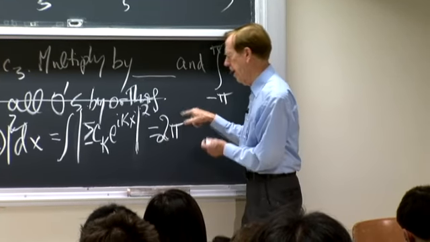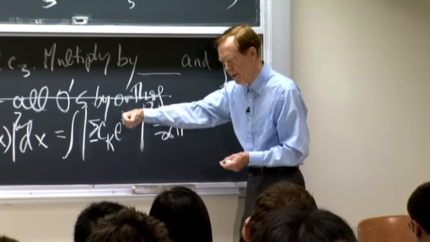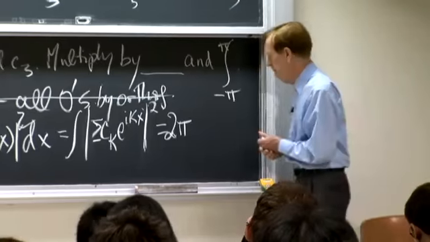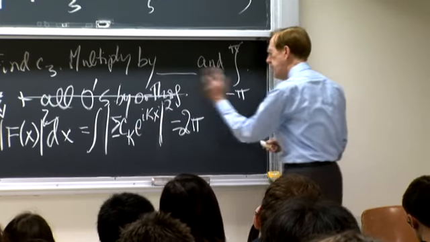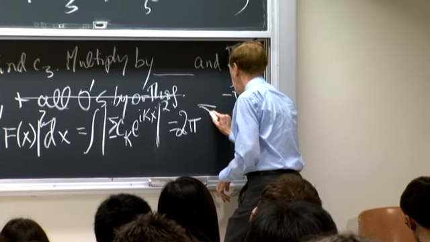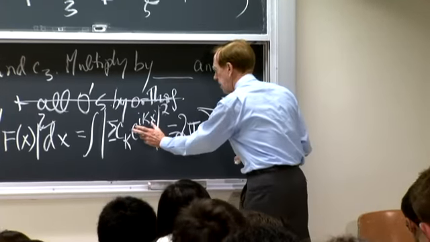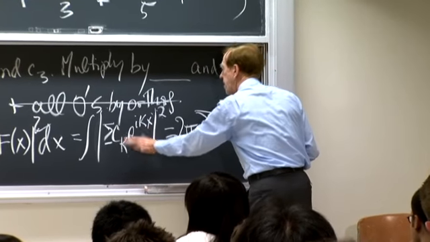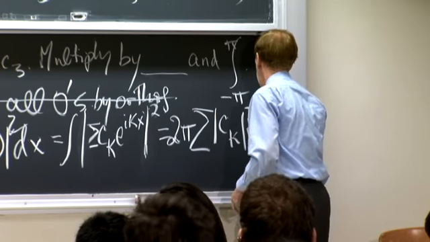Then I'm looking only at the terms where I'm integrating something by its own conjugate, and then I'm getting ck times its own conjugate. So I'm getting no cross terms, just the terms that come from that times its own conjugate, which is ck squared.